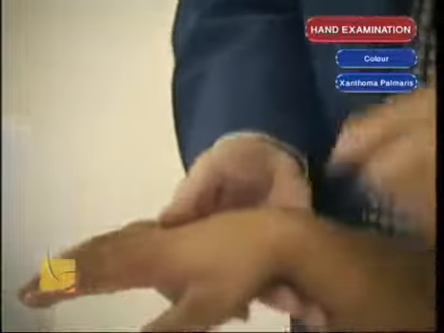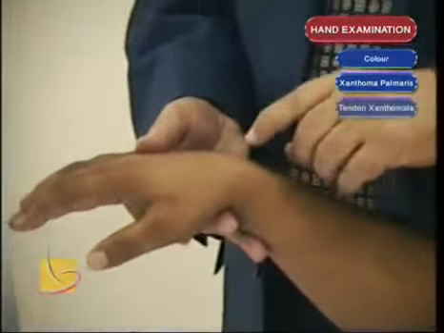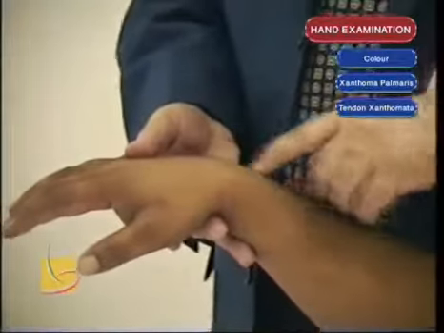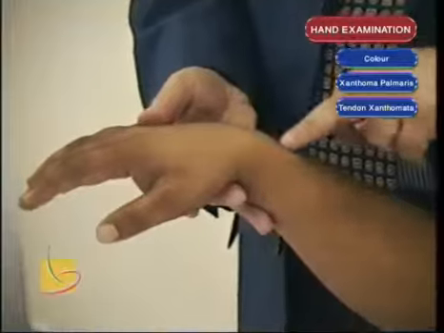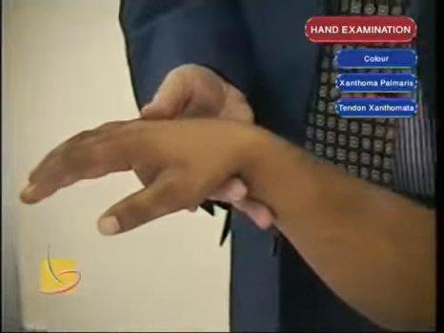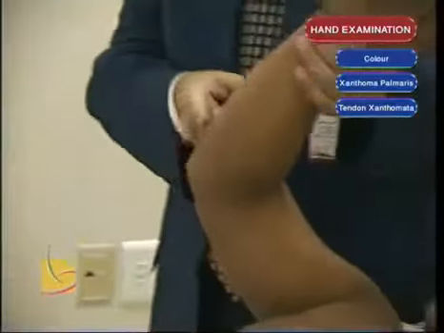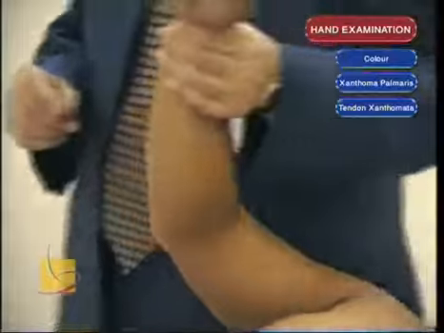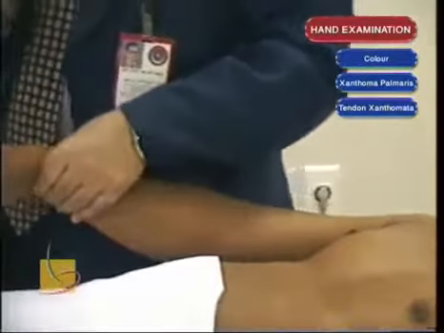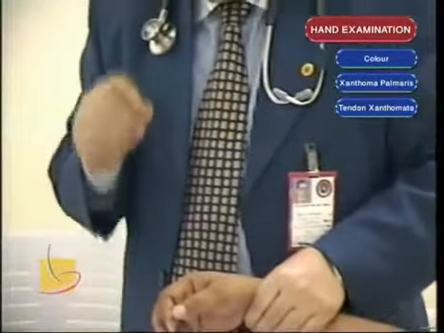And we look also at the dorsal aspect of the wrist joint to see if there is tendon xanthomatosis or tendon xanthoma or not. Tendon xanthoma is due to lipid deposition in the tendons around the wrist joint, and you may also find it in the dorsal aspect of the elbow joints. So presence of lipid deposition in the dorsal aspect of the joint is called tendon xanthoma.